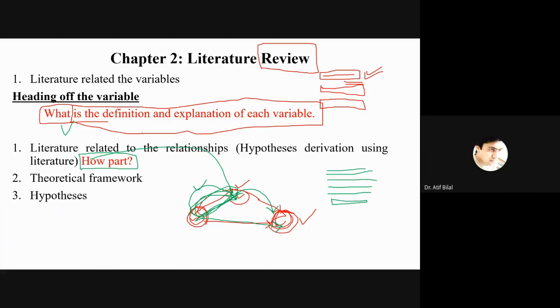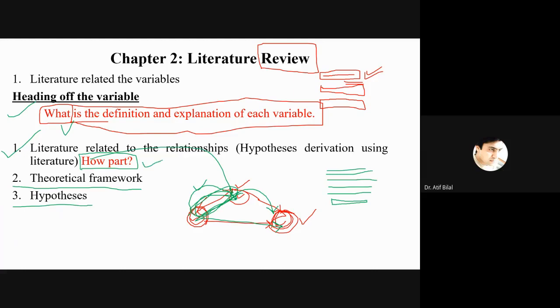And once you have done your what part, your how part, then you're going to give your theoretical framework, and then after that you can also give a list of hypotheses.